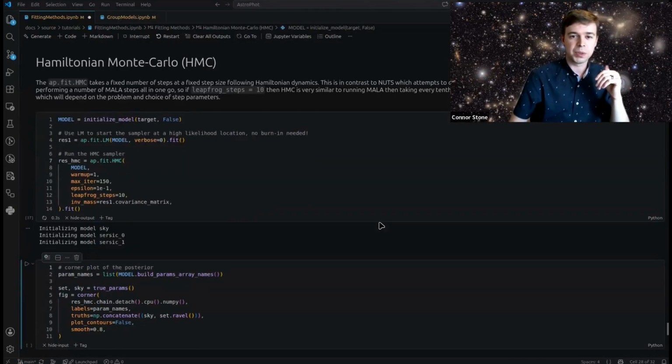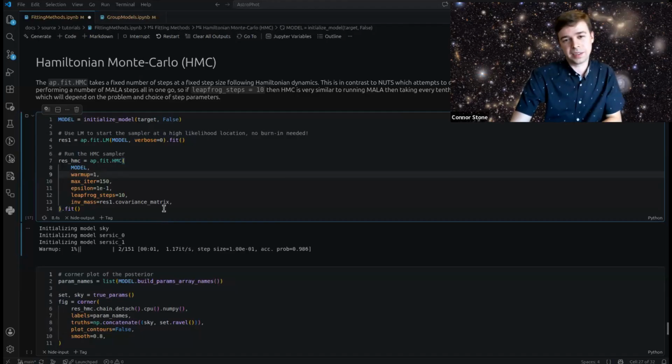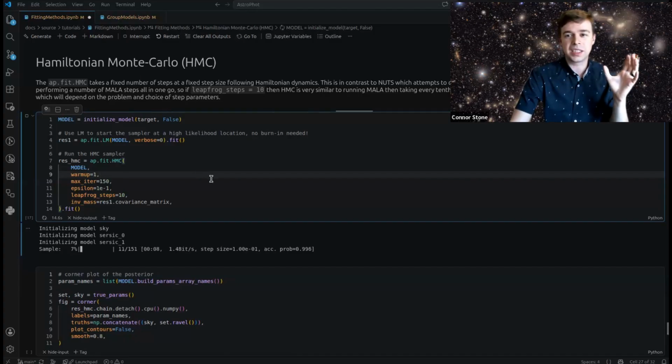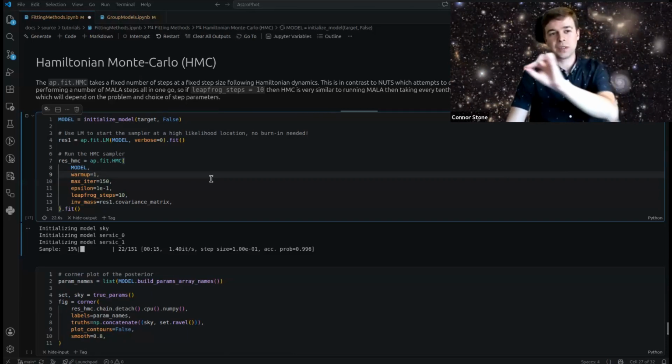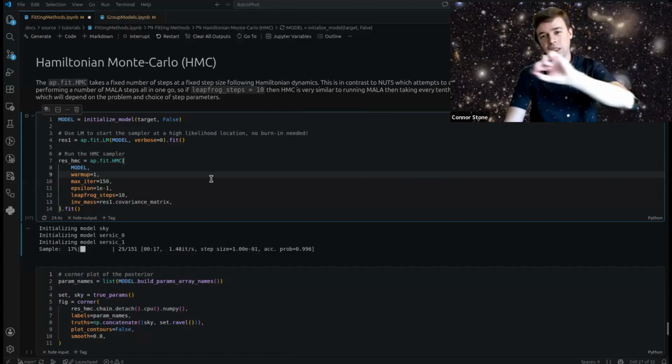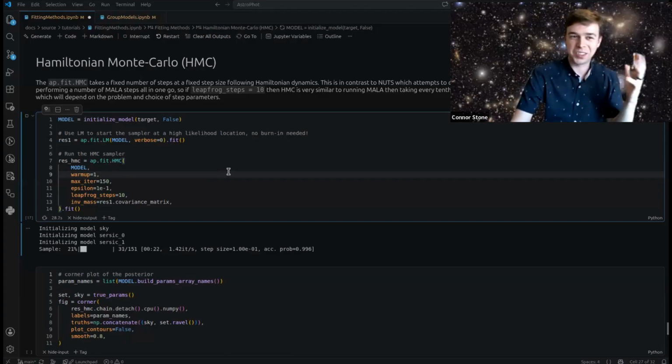There's other kinds of samplers. So AstroPhot includes a wrapper for the Pyro HMC sampler. Hamiltonian Monte Carlo is very similar to MALA, except where MALA always takes one step, HMC will use the gradient information to take a large number of steps and sort of follow along the trajectory of a potential.